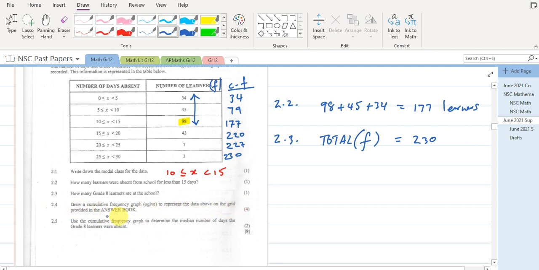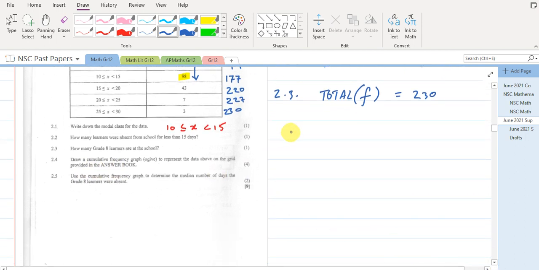What we need here is the cumulative frequency on the y-axis, right? So we need the upper class boundary and cumulative frequency.